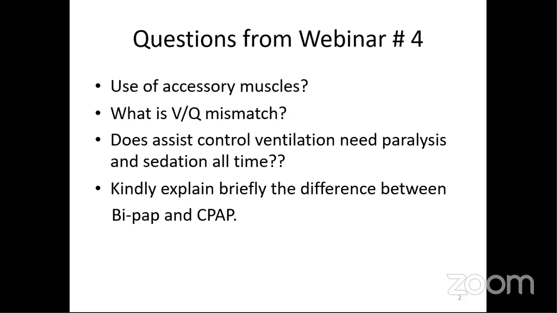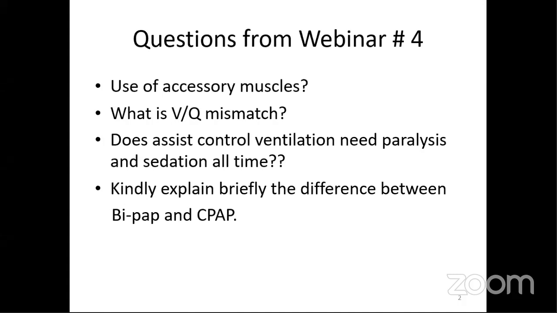Does assist control ventilation need paralysis and sedation all the time? Absolutely not. What you do need is sedation and analgesia, which is keeping the patient calm, and you don't want the patient to be in pain. Paralysis is an extreme measure, and we'll talk about paralytics later in the talk today.